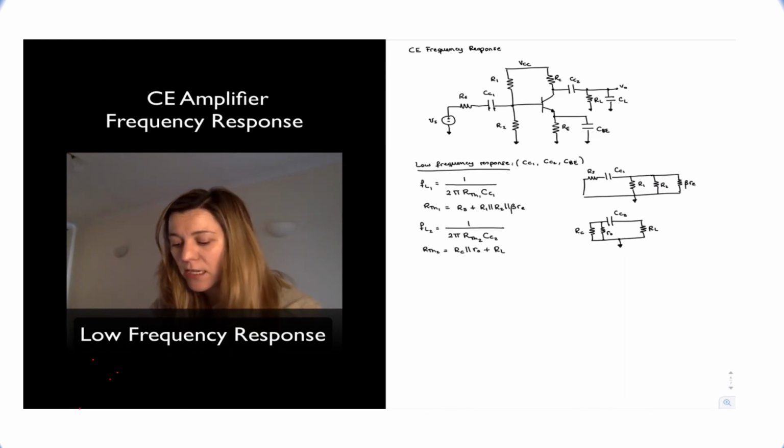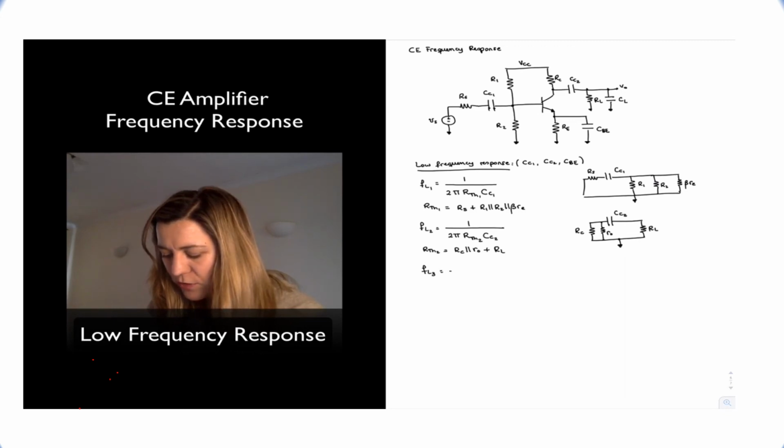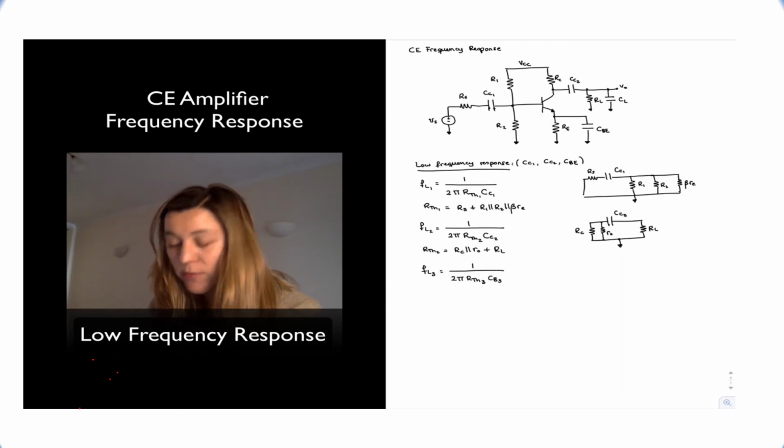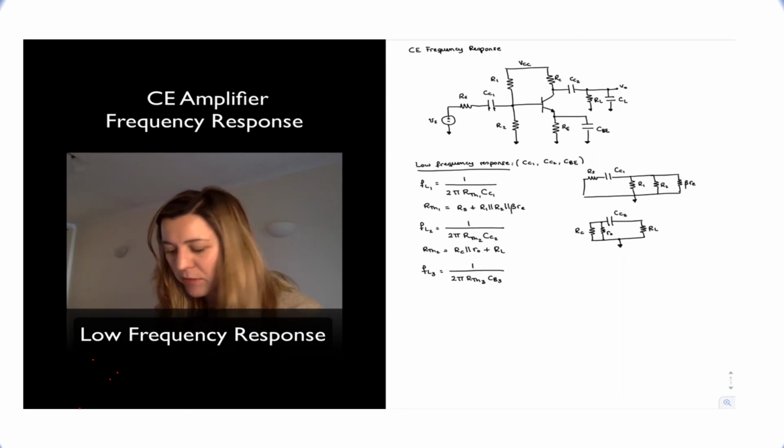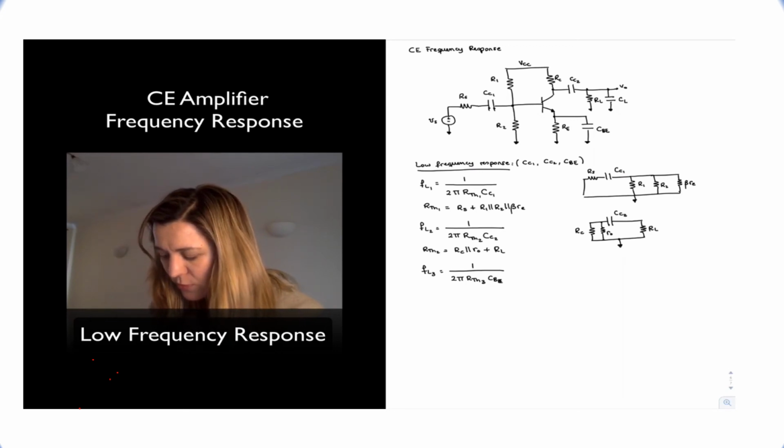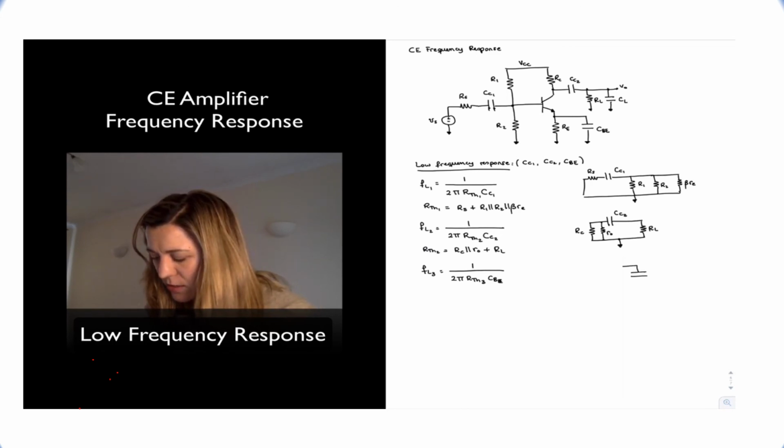And then finally, we're going to consider the low cutoff frequency due to CBE. It's going to be 1 over 2 pi R Thevenin 3 CBE. And R Thevenin 3, as you have probably guessed, is the Thevenin resistance seen across the terminals of capacitor CBE. Oh, CBE, sorry, not 3. And now I'm going to draw that capacitance here, CBE.